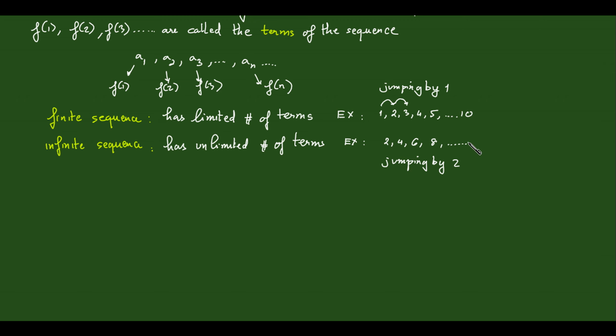Okay, and later on in the next section, I'm going to talk a little bit about that. In the next section we're going to talk about two kinds of sequence. The first type is the geometric sequence, and the second one, hopefully you guys already heard, is the arithmetic sequence.